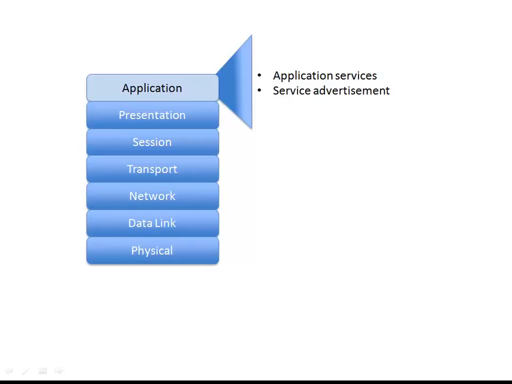Or they might make their availability known to some sort of centralized network directory like Microsoft's Active Directory, which could then be queried by other network devices to say, are there any printers available on the network? We might look in Active Directory and say, yes, there sure is. And the reason we know that there's this printer available on the network is that printer had advertised its service to Active Directory, and that process is considered to take place at the application layer.